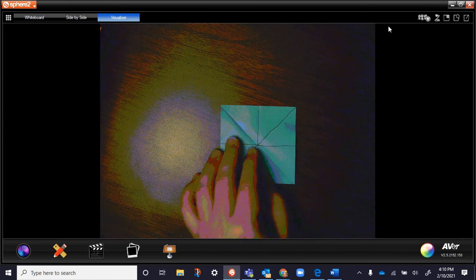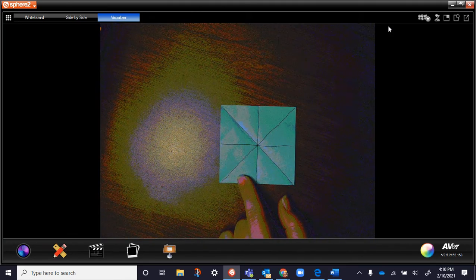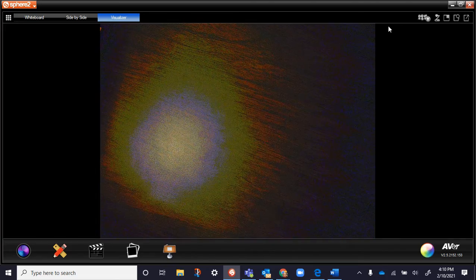I could also go the opposite way and fold this side to show that other diagonal line. So we've got different lines of symmetry that we showed.